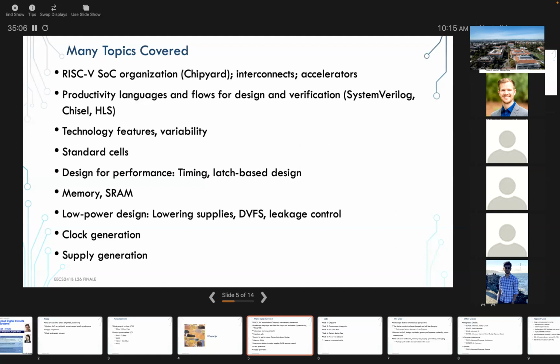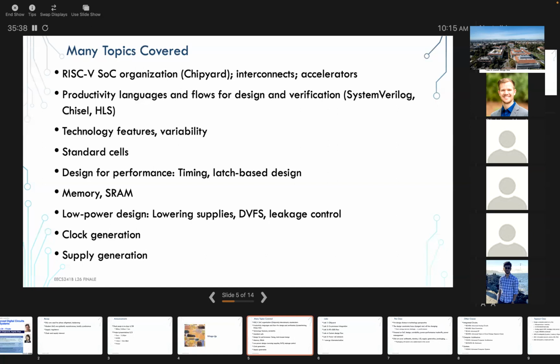We talked about how we build standard cells and how that is going to change. We talked about design for performance, recapping and adding a little bit more on top of 151 and 51A in lab-based design. We had a guest lecture and a few additional lectures about how we design memory, in particular SRAM, because that's a huge chunk of a design. If we just apply straight 51A design techniques to SRAM, nothing would work today.